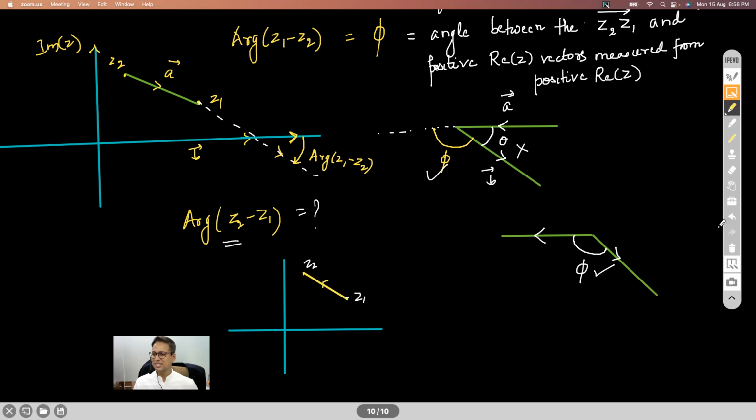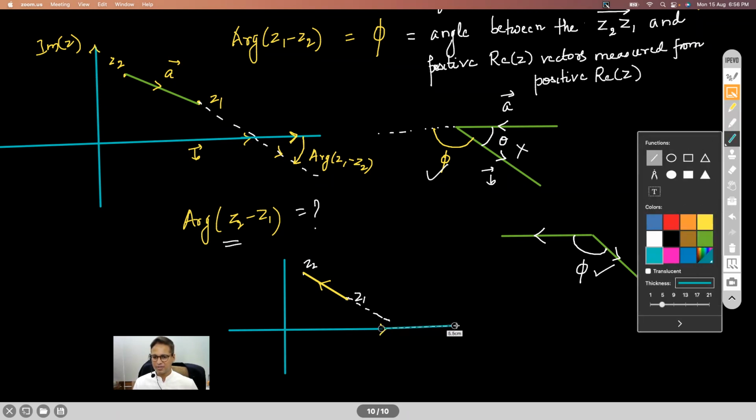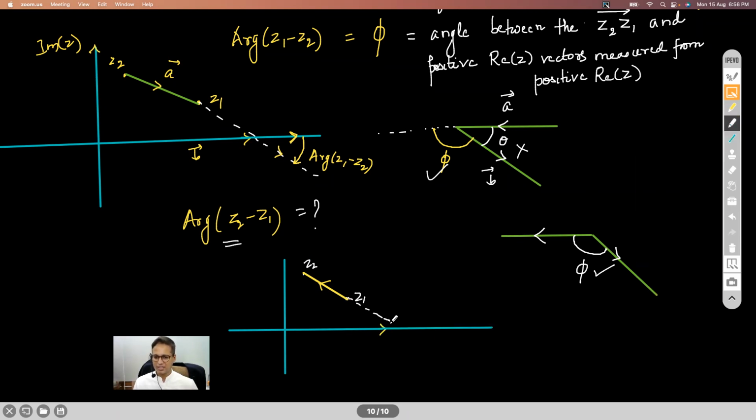Understood? And your positive real Z axis is like this. So when you pull this back and also extend this a little bit furthermore, starting from positive real Z axis, this angle will become your argument of Z2 minus Z1.